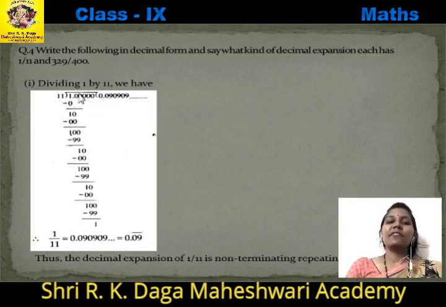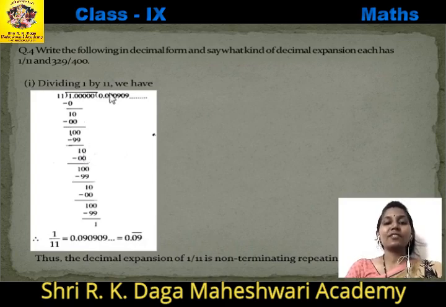After the decimal we will write a 0 here, but again it is not divisible, so again we will write a 0 and we will write 100. Now 100 is divisible by 11 for 9 times. 11 nines are 99, then the remainder is 1, but again 1 is not divisible, so we will write a 0 from above, but 10 is again less than 11, so we will write a 0 here.